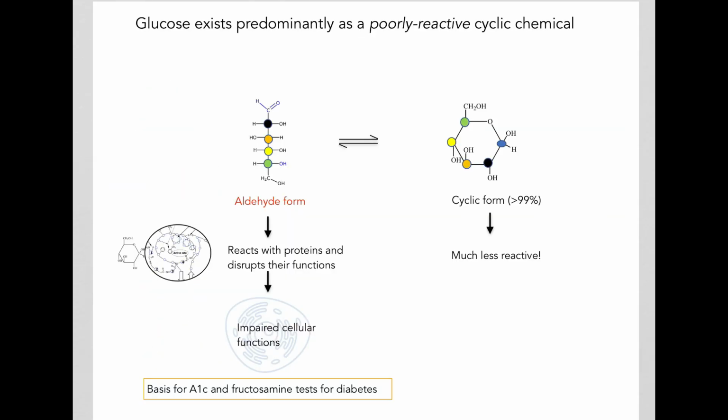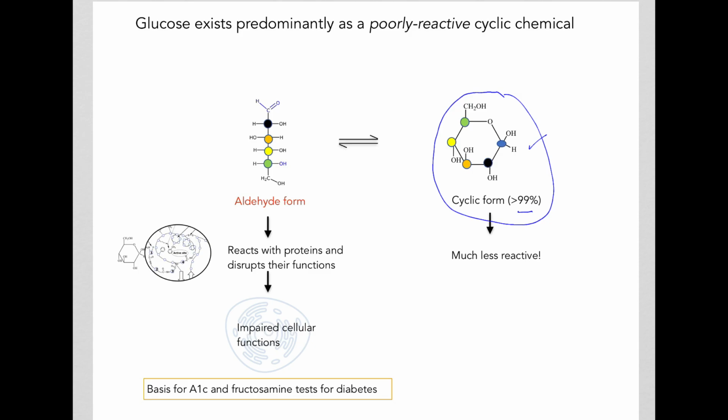As we discussed in a previous video on glucose, we are more interested in glucose in our body, especially our blood and the fluids in our body. Most of the glucose exists in this cyclic form. So more than 99% of the glucose is in this cyclic form.